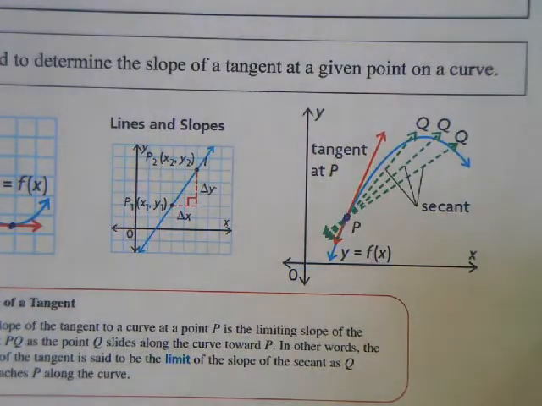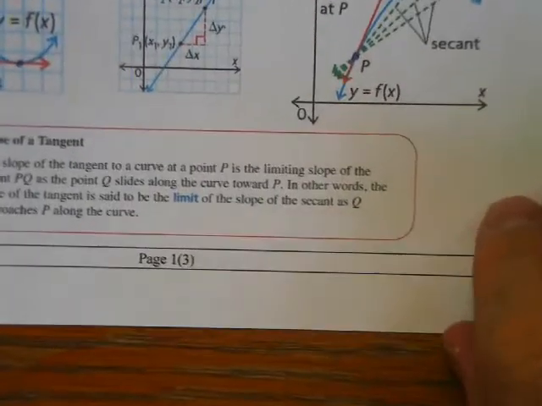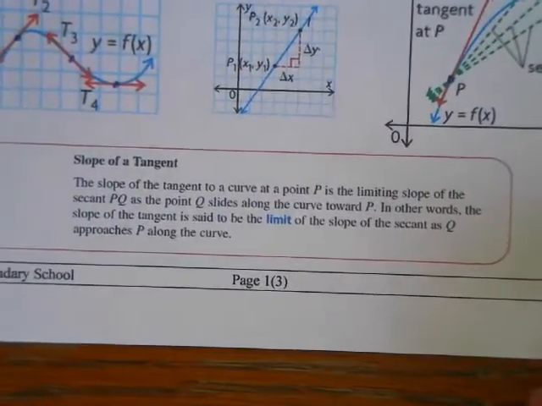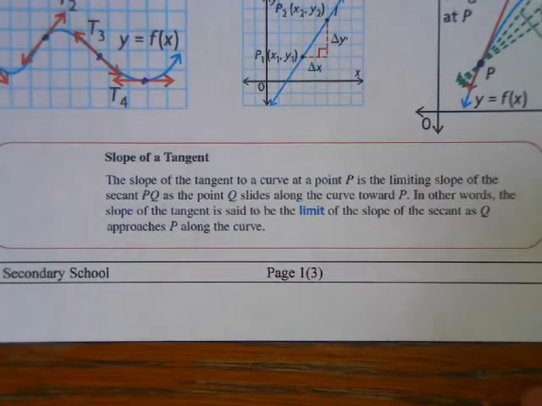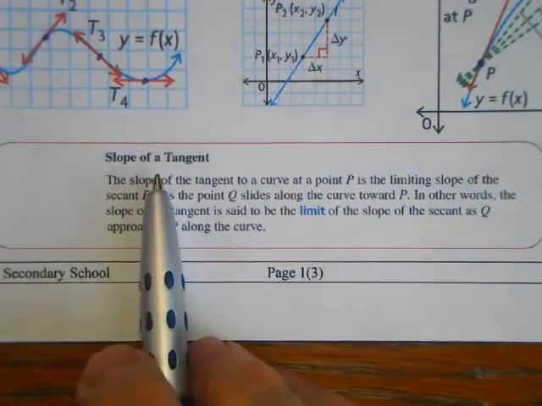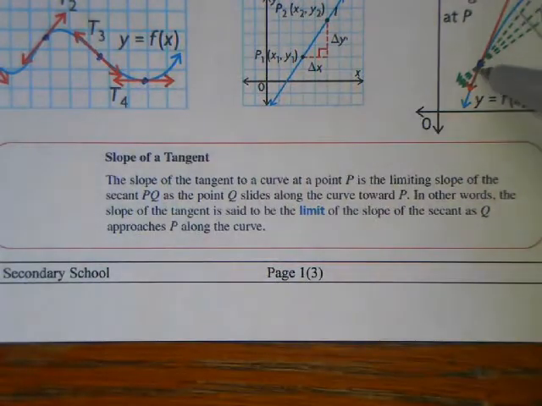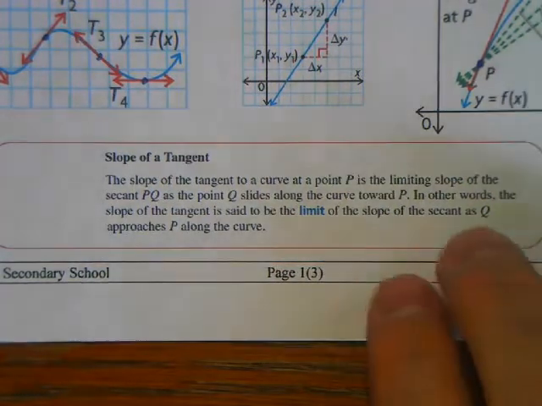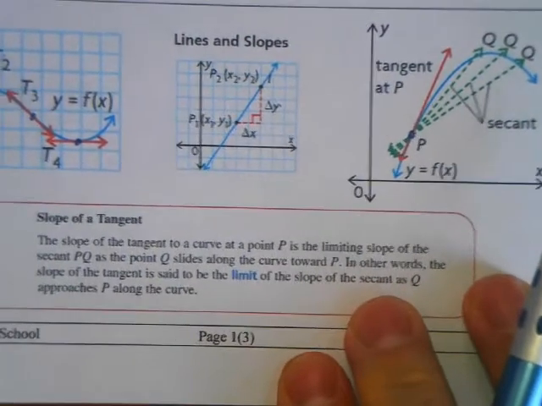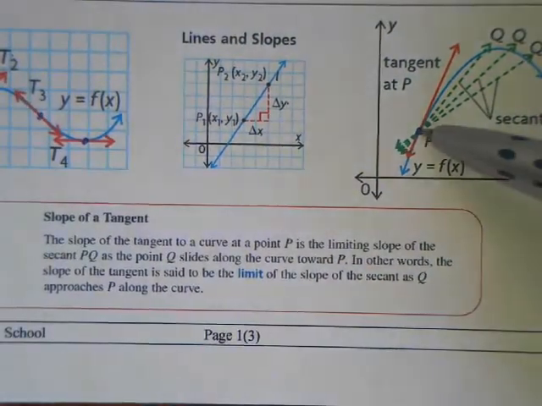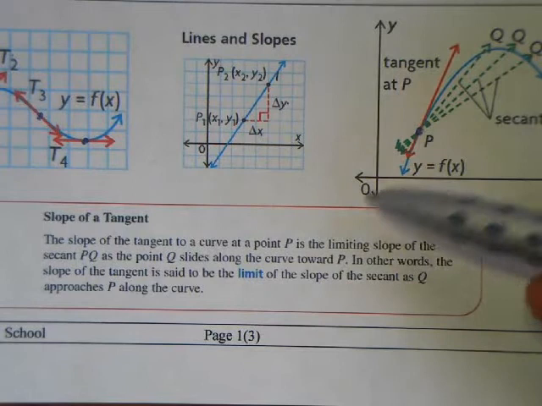All right. So let's read this rule here, and then we'll see how it works. Okay. So the slope of a tangent to a curve at point P. So again, if we're trying to get the slope of the tangent at that point, it is the limiting slope.